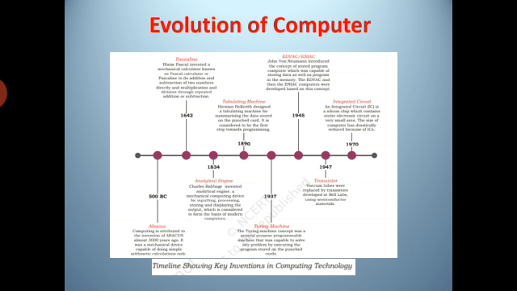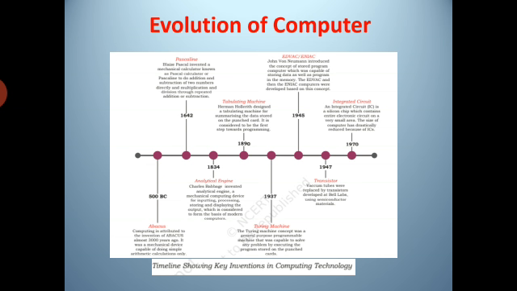Then in 1642, Blaise Pascal invented a mechanical calculator known as the Pascal calculator or Pascaline to do addition and subtraction of two numbers directly, and multiplication and division through repeated addition or subtraction.